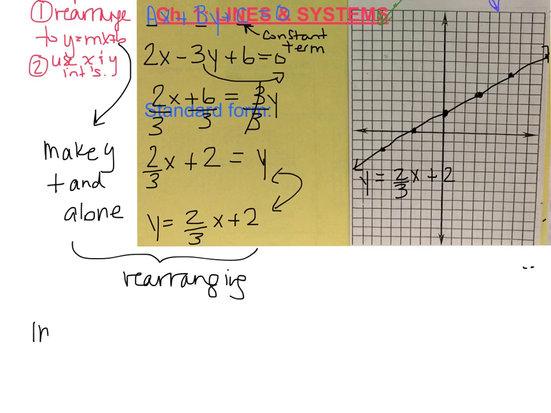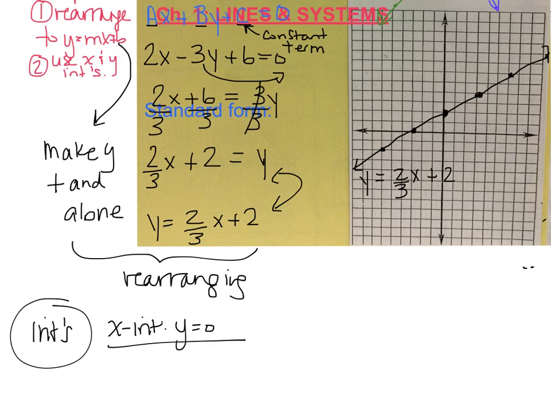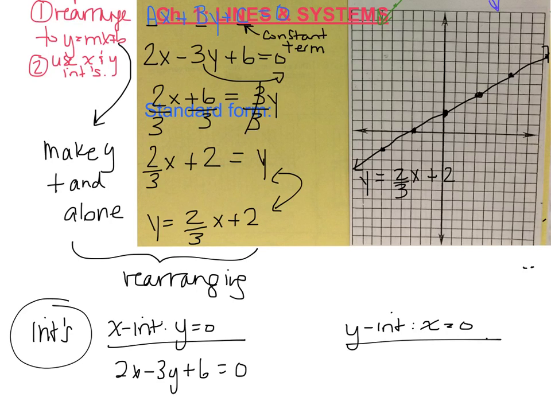To graph using intercepts, all we have to do is for the x-intercept, we make y = 0 in the equation, and for the y-intercept, we make x = 0 in the equation. So our original equation was 2x - 3y + 6 = 0. To find our x-intercept, we're just going to make y = 0. So if we make y = 0, that means that -3y would be equal to 0.